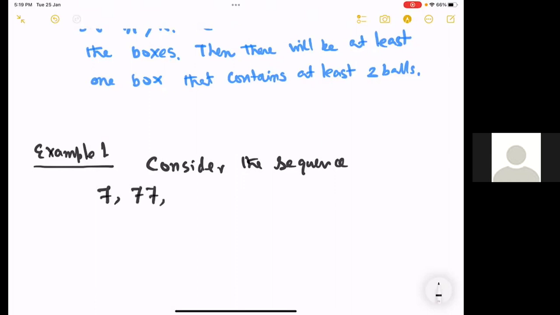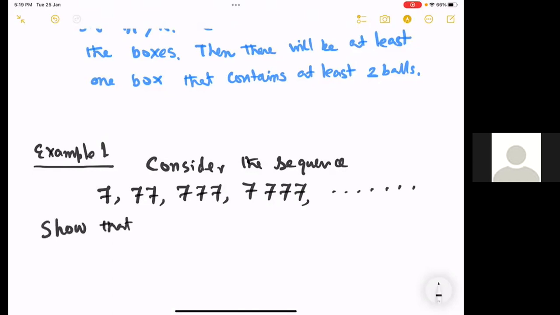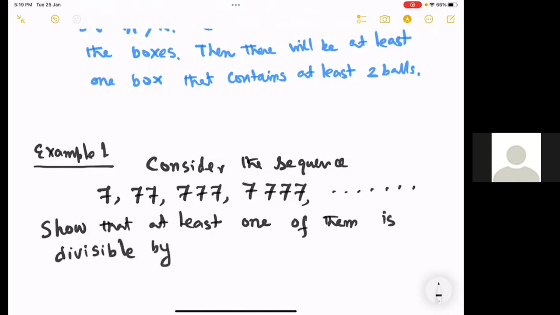So consider this sequence of numbers, and so on. The ith member of the sequence has i sevens, right? So show that at least one of them is divisible by, let's say, 2003.